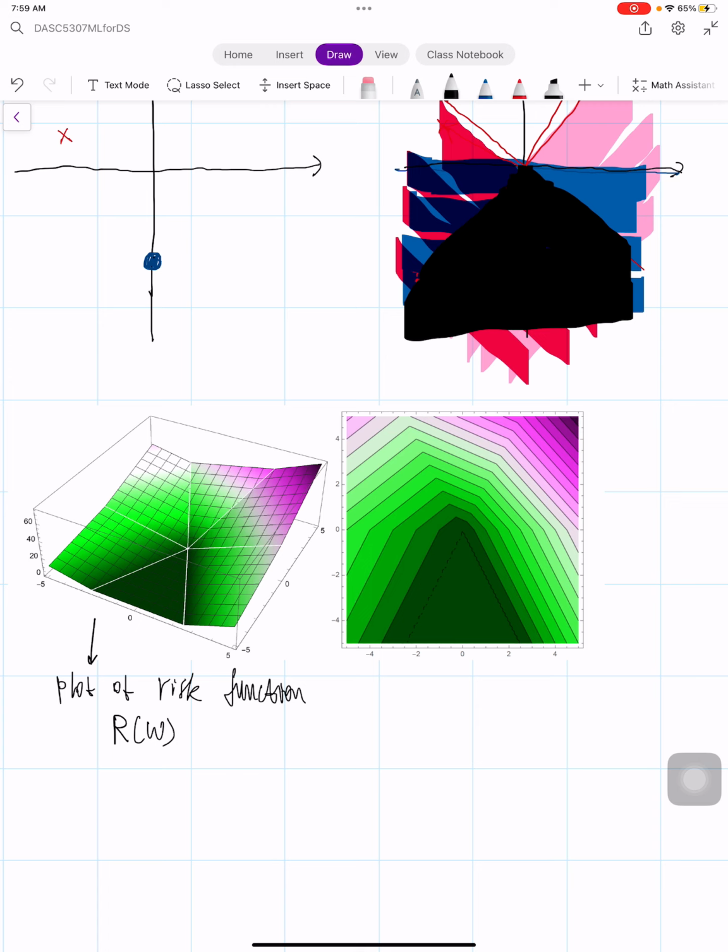The minimizer for this function, if we have only 3 data points, is this solution set. I will keep talking about this simplest classifier in the next video.